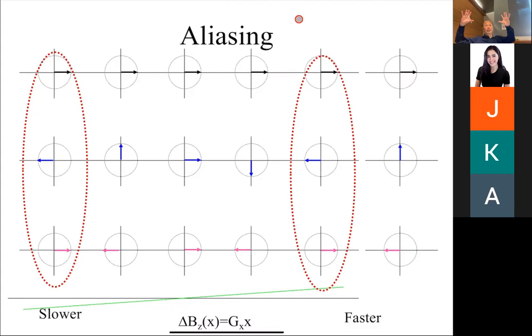We take the sum of all the spins. So these two spins come into the integral and they appear the same. That means when I go to reconstruct, I can't tell if the signal came from here or from here, because from the point of view of what their phases are doing, they're doing exactly the same thing.